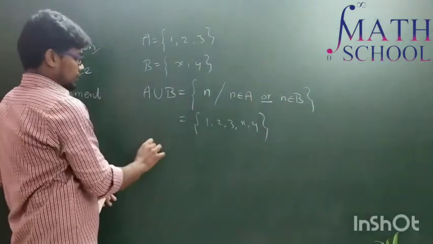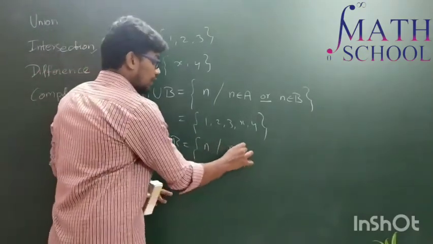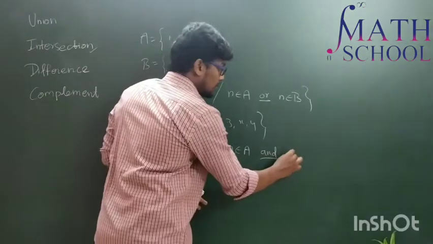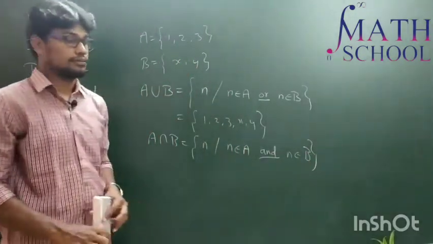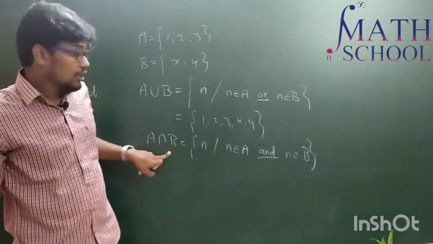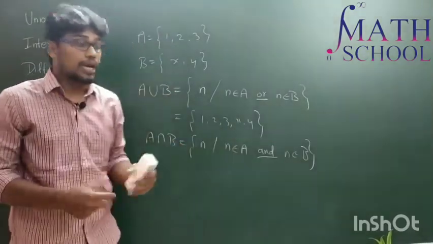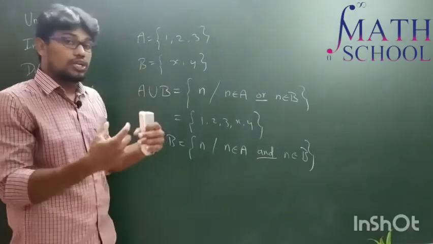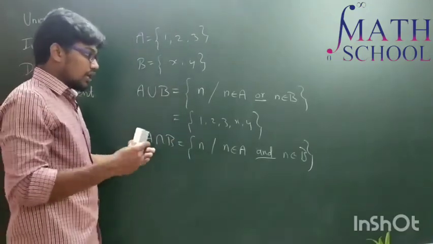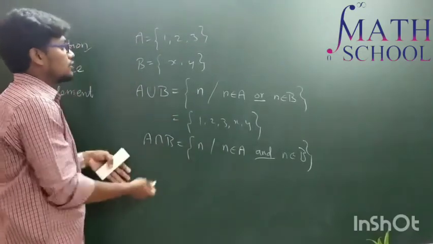What is called intersection? It's a collection of all the elements such that that element should be in A and that element should be from B. You can put an element inside the set A intersection B only when that element is from both A and B, which means you collect the elements which are common to both A and B. So what elements do we have here?